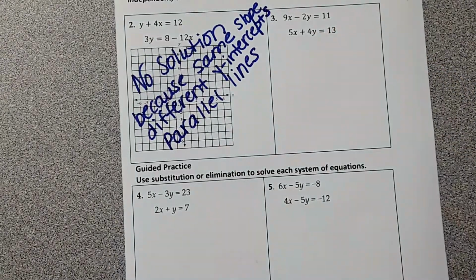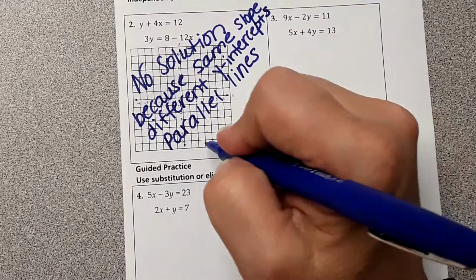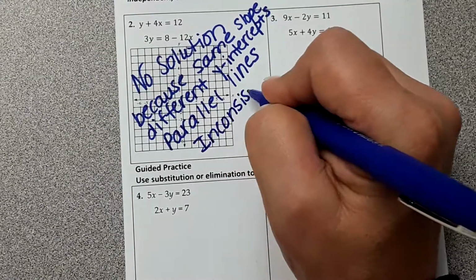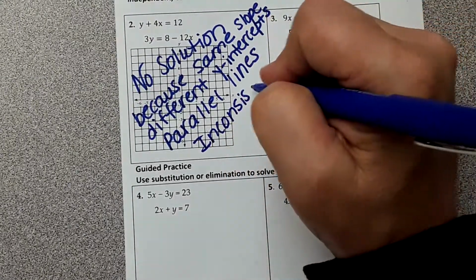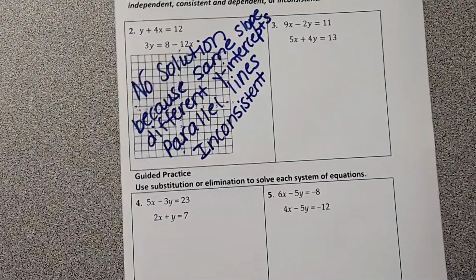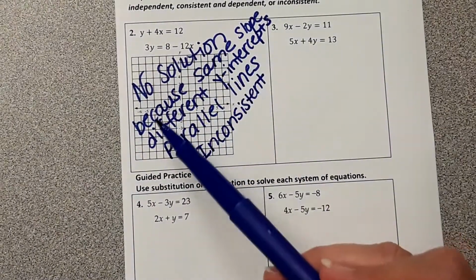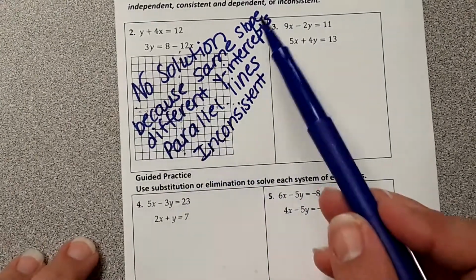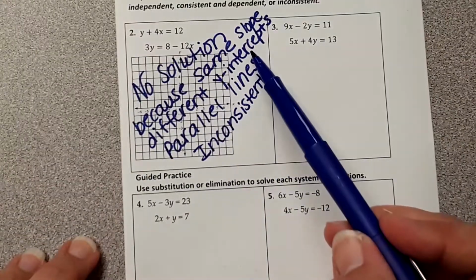And because they're parallel lines, they are inconsistent. So again, there's no solution because they're parallel lines. How I know they're parallel lines is because they have the same slope but different y-intercepts.